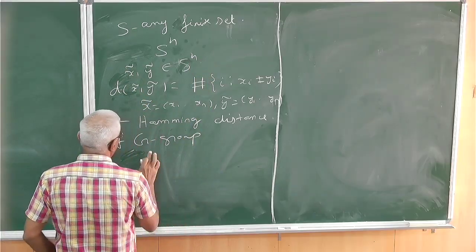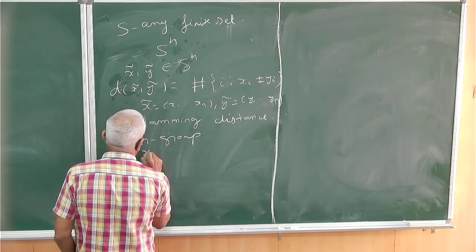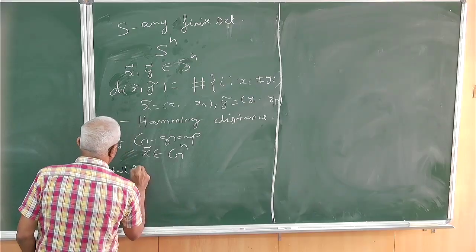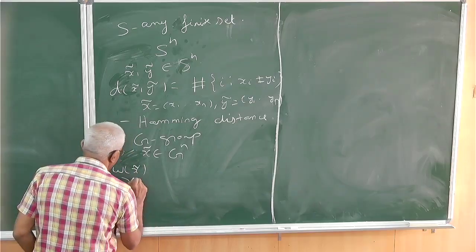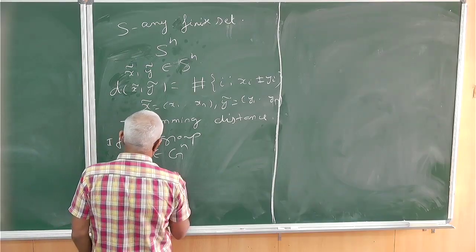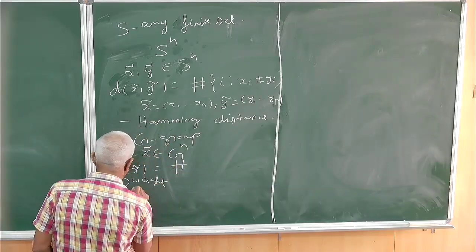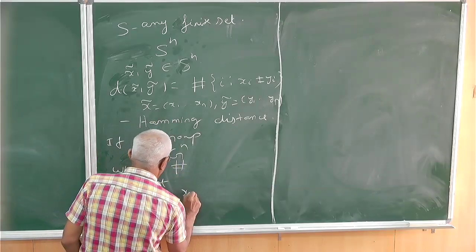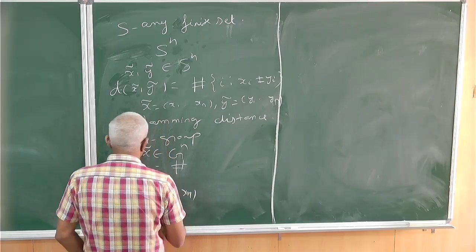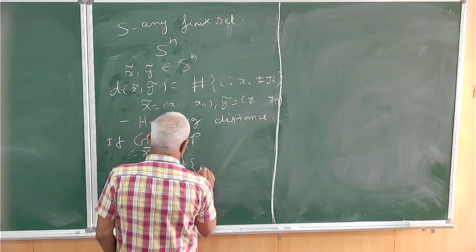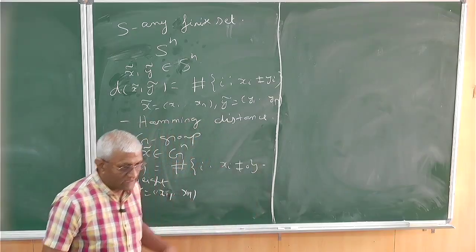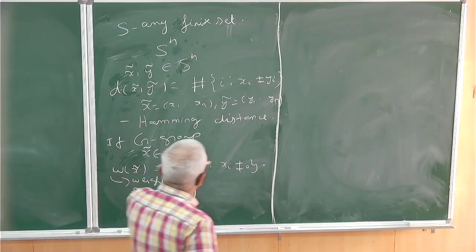If G is a group, then for any x tilde in G^n, x tilde equal to (x_1, ..., x_n), we define w(x tilde), called the weight of x tilde, as the number of i such that x_i is not the identity. This is like a norm.